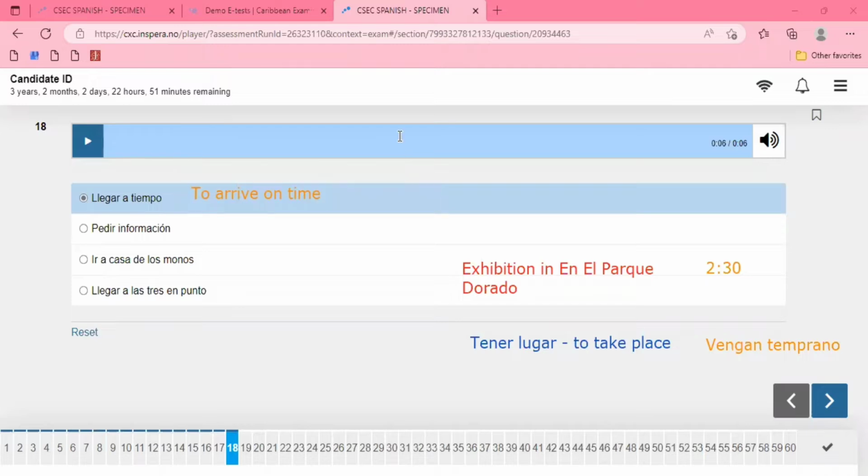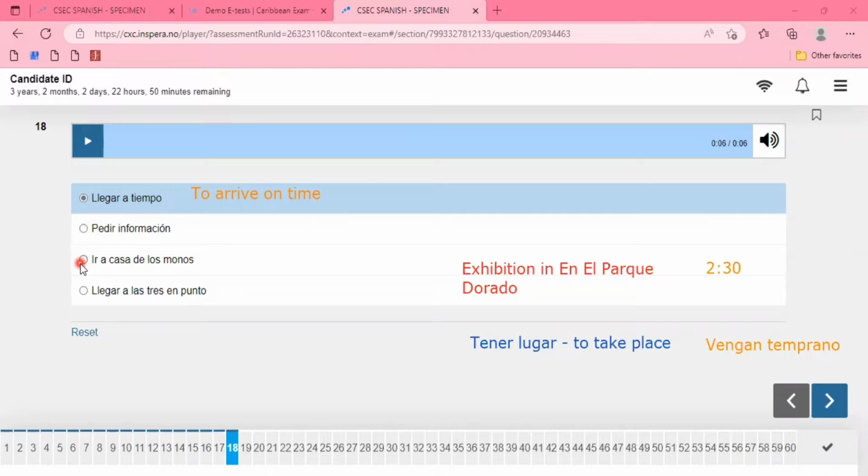The other options that we would have would be pedir información, to ask for information, ir a casa de los monos, to go to basically the monkey's house.